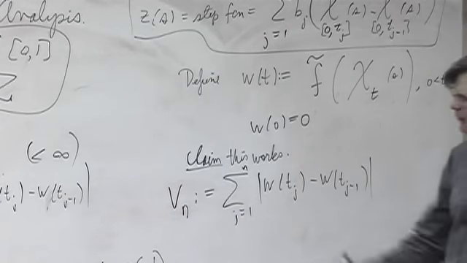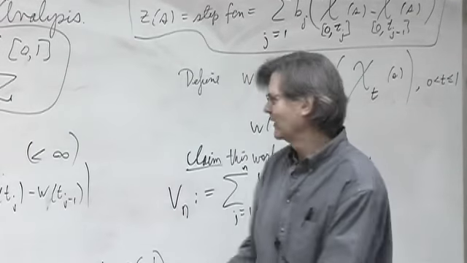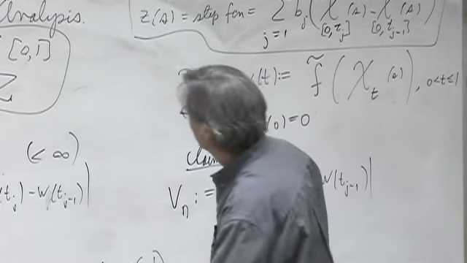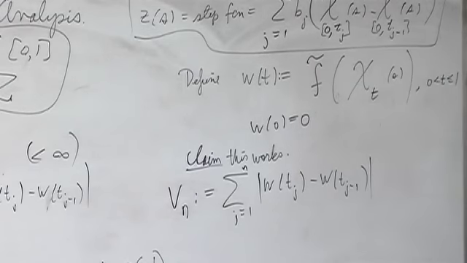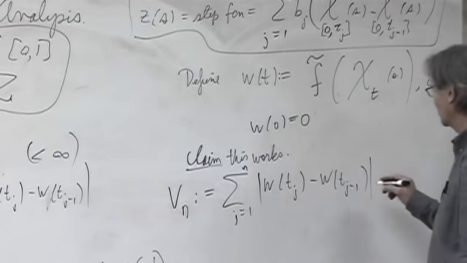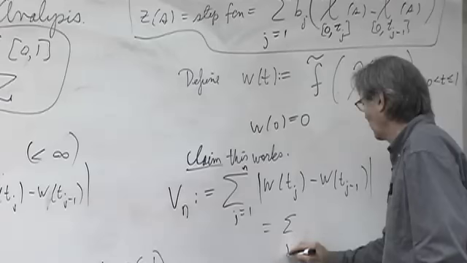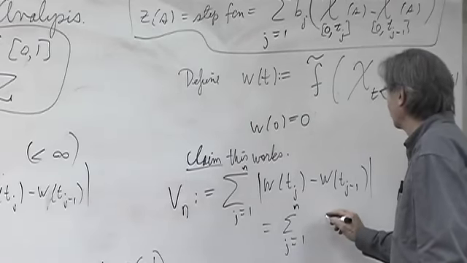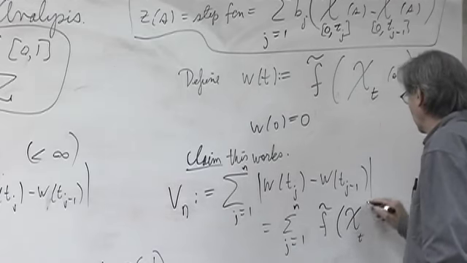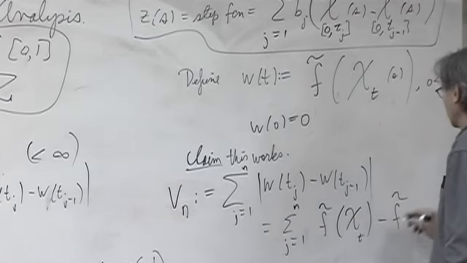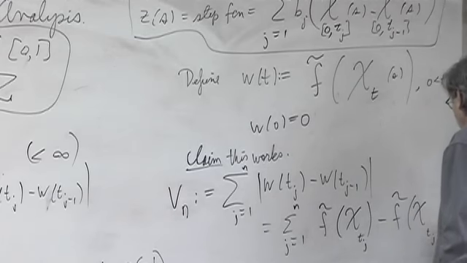Okay, so this is the bounded functions. Everything's complex. If I do the real case, it's a little bit simpler, but I might as well do the complex case just to get the whole thing. Okay, so you won't see there's really any complication. What I'm going to do is first write this, j goes from 1 to n, as simply the absolute value of f tilde of chi t j minus f tilde of chi t j minus 1.